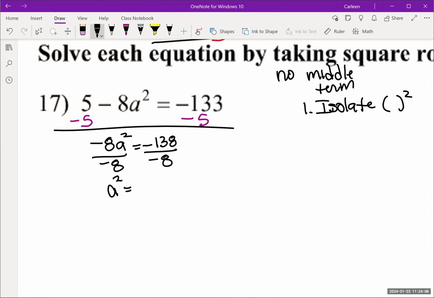Maybe it's something like 69 divided by 4. 69 over 4.